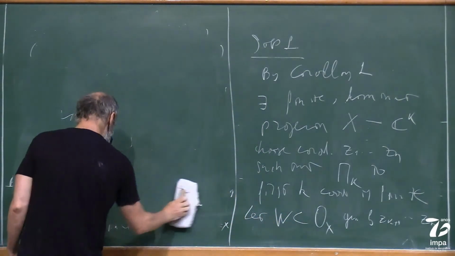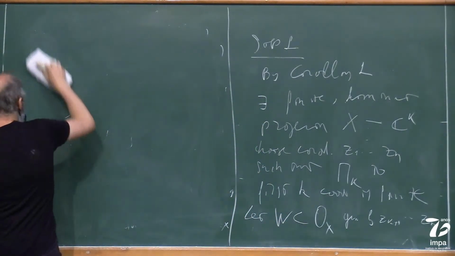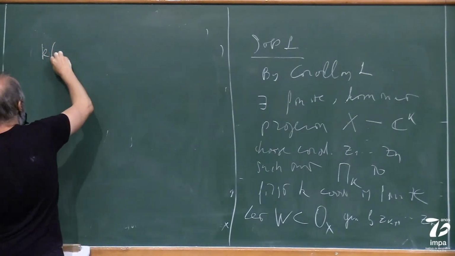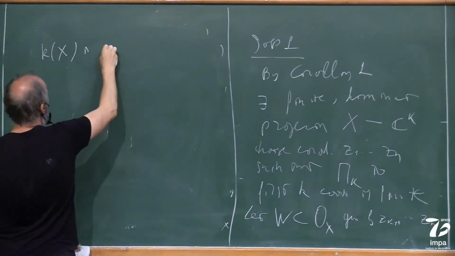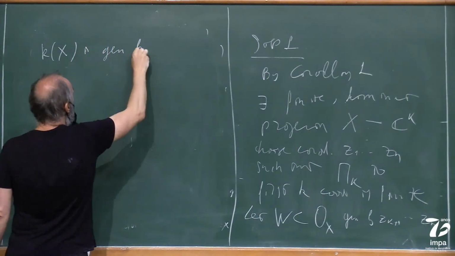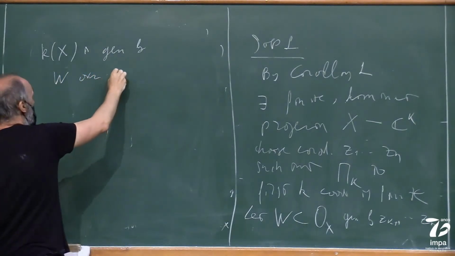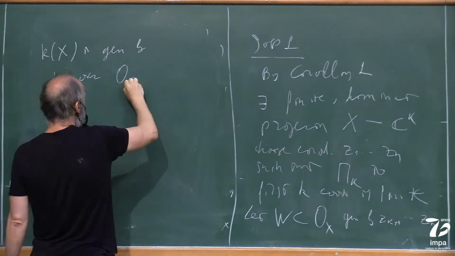Then, obviously, the field of functions, the field of fractions, K(X), is generated by W over O(C^k).